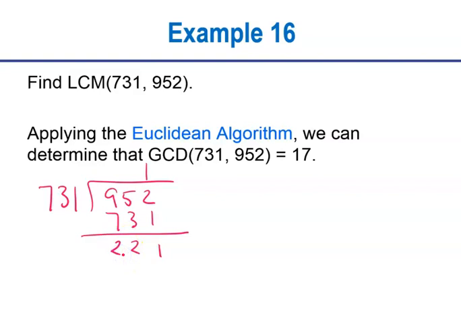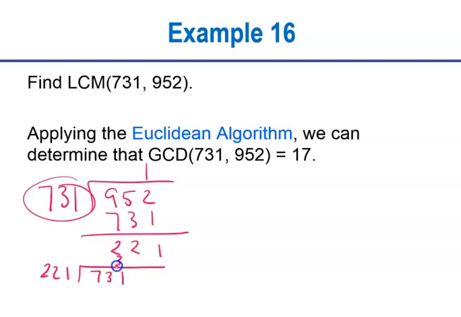Do you remember what we do next? So we take the remainder now, and we turn that into the divisor, and the divisor turns into the dividend. Now, how many times does 221 divide into 731?